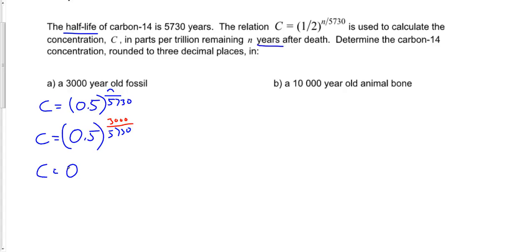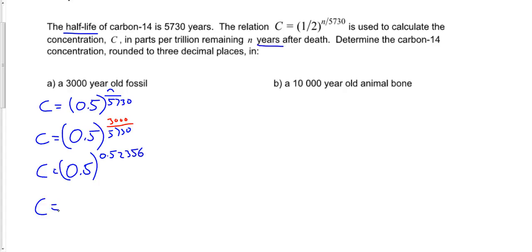So if I try and simplify that, 3,000 divided by 5730 gives me approximately 0.52356. Okay? Again, the more decimal places you put in, the more accurate it's going to be.